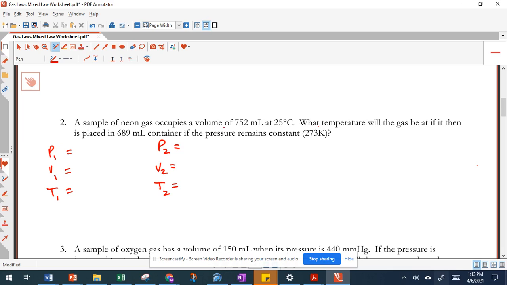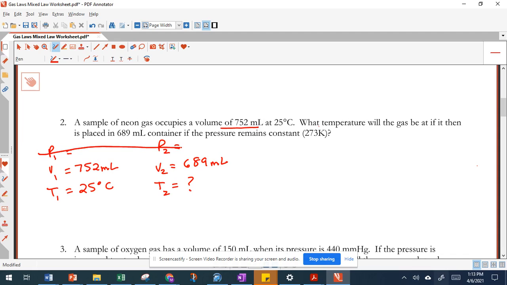So we see that we have a volume of 752 milliliters, and this is at 25 degrees Celsius. The way it's worded, these two go together. It says what temperature, so we don't know this second temperature, and then it's placed in a 689 milliliter container, and then the pressure is remaining constant.